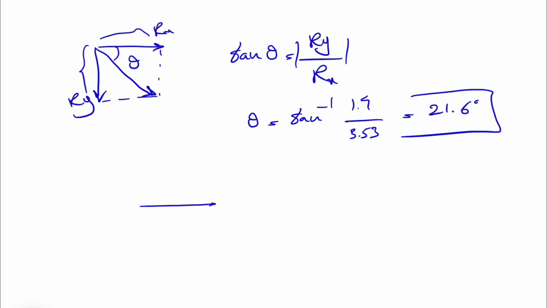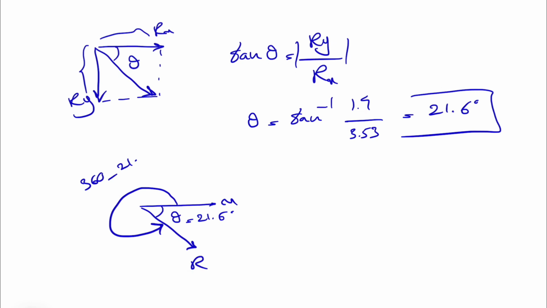There are multiple ways to show the angle with the positive side of the x-axis. We know this is R, and let's consider this the x-axis. We showed this angle, which was theta, and found it to be 21.6. Also, we can show this angle right here, which is 360 minus 21.6, giving us 338.4 degrees.